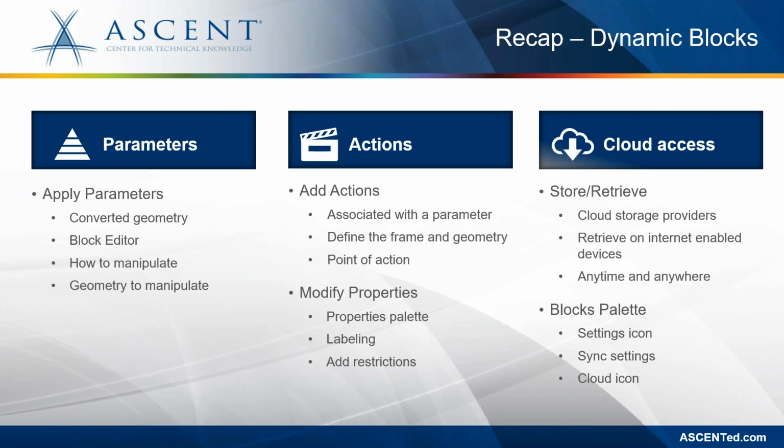Therefore, for the parameter and action to work optimally, we saw how important the properties palette was. Not only do we use the properties palette to put restrictions, but we also use it to label the parameter, which is important for bigger blocks that can have multiple parameters and multiple actions in there.